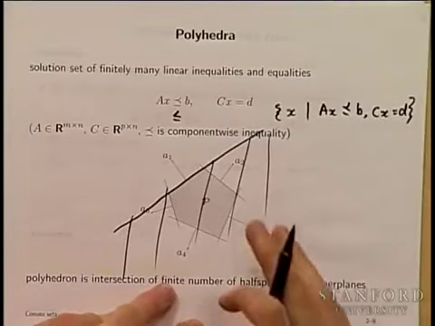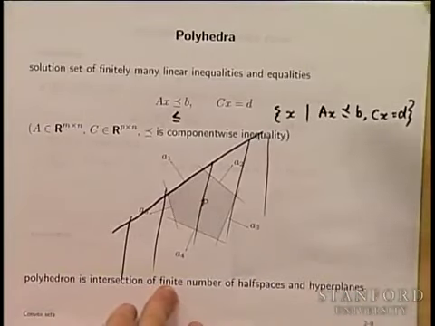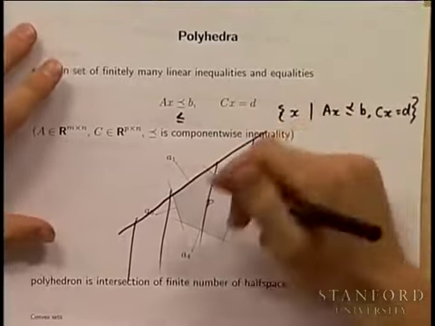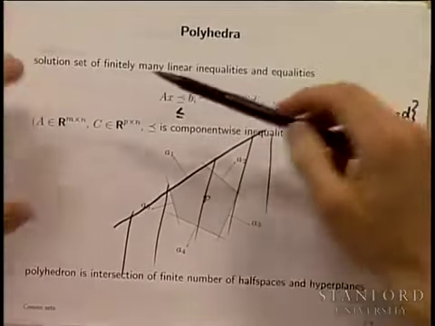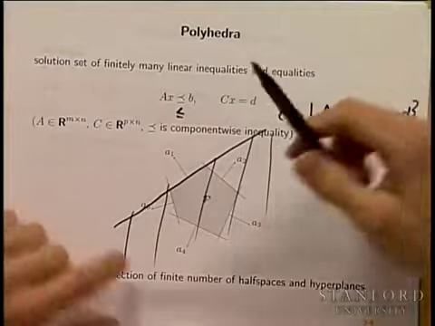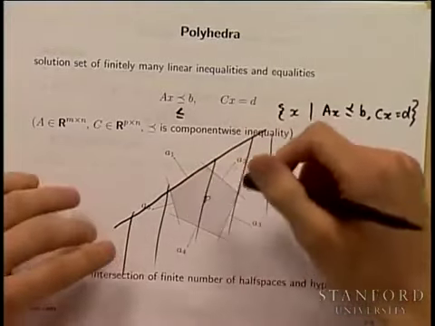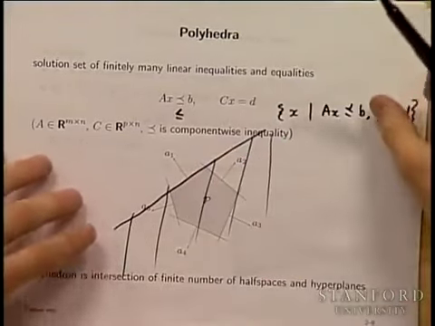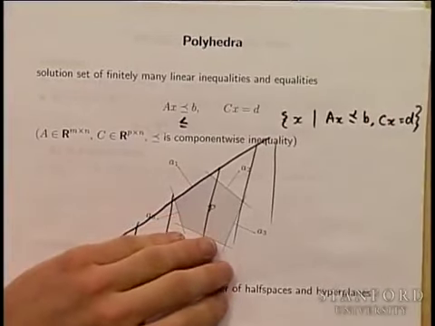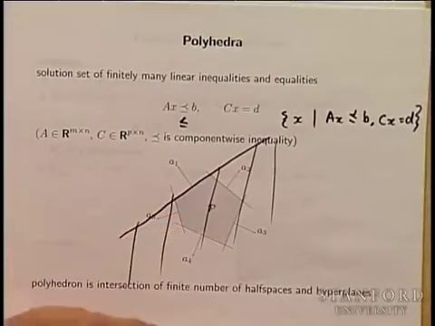Now, a polyhedron is convex. And this is something that you need to prove. I'm not going to go through it at the moment, but you should be able to show fairly easily that when you find an intersection of a finite number of half spaces and hyperplanes, you get a convex set, and it's called a polyhedron. Now, an affine set is a special case of a polyhedron, and so is a hyperplane from before.